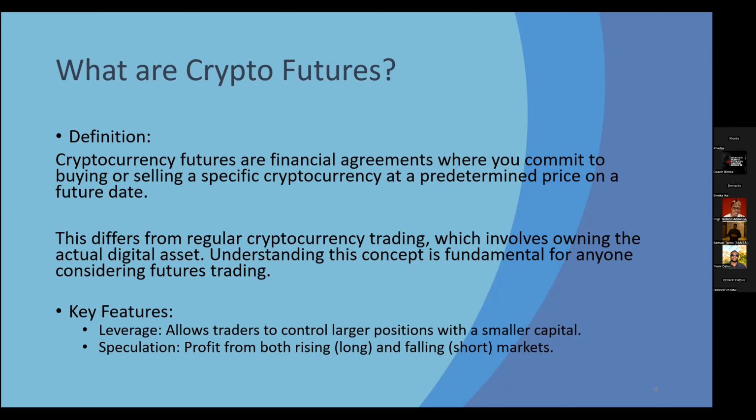Under spot, normal regular trading, BAKE could be $2. But if you want to trade BAKE in futures, do you know that you can use $1 to accumulate like 10 pieces of BAKE on futures? You'll be like, wow, yes, it's possible. Because of the leverage, they will allow you to control larger positions with smaller capital. With $1, you're getting 10 BAKE. But in normal regular cryptocurrency trading, it's not like that.